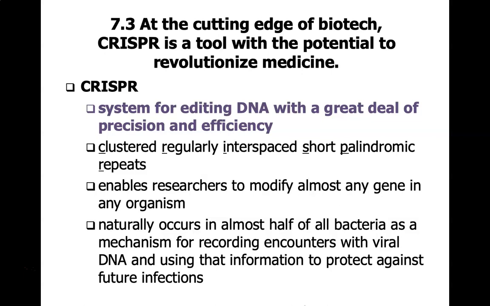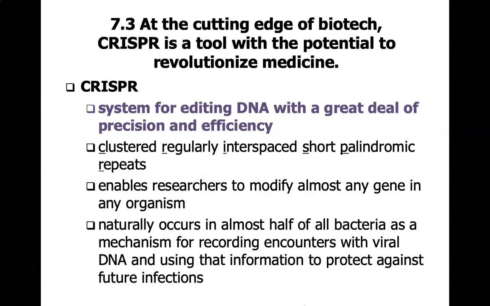So this is why you can have a vaccine for the flu and not get the flu for the rest of the season, or why you can be vaccinated for chickenpox and never get chickenpox, because your immune system remembers that you were exposed and remembers how to fight it off if you are exposed.